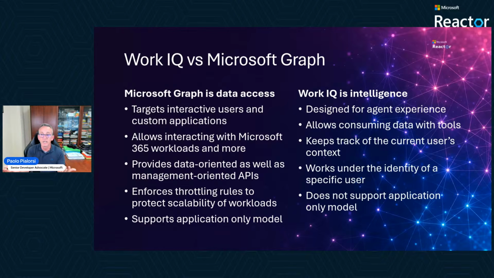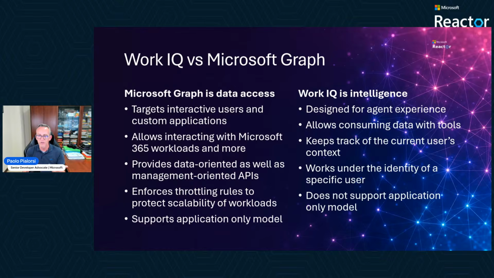You might be wondering, what is the difference between WorkIQ and Microsoft Graph, since I was able to use WorkIQ to retrieve my email messages or the people in my directory and stuff like that? Well, the difference is huge, honestly. And I'll do my best to transfer you the idea of what makes a huge difference between WorkIQ and Microsoft Graph. First of all, Microsoft Graph is for data access.